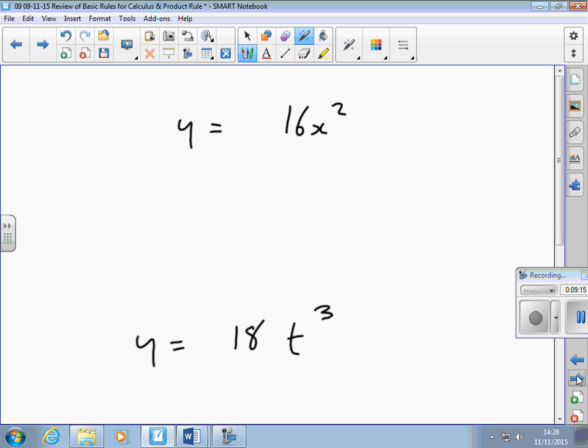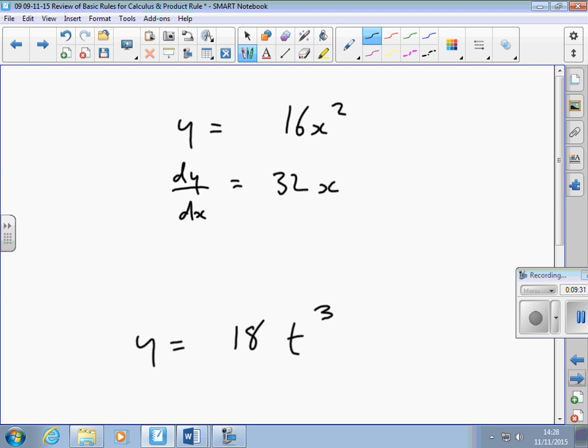So applying it to this, I would bring the 2 down to make 32, take one off the power, 32x. What notation am I going to use? It's the differential of y with respect to x. So dy by dx equals 32x. And remember, that tells us the gradient of that function at a point.